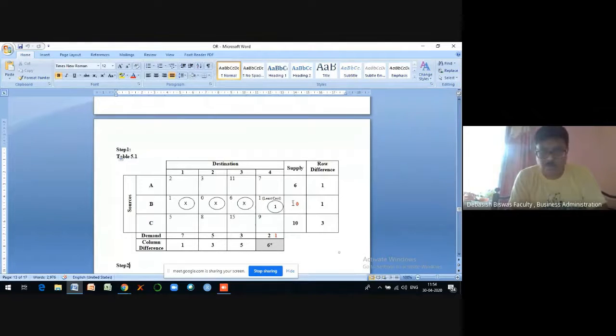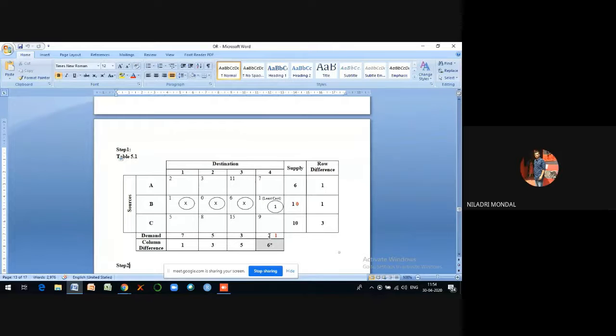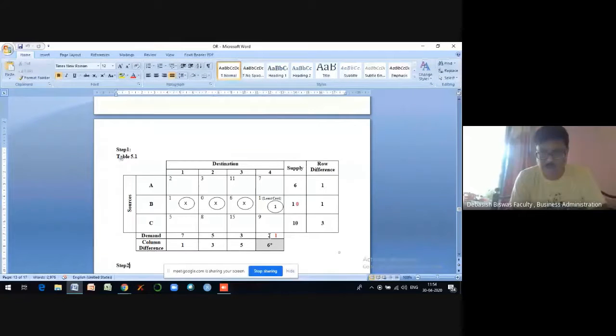So 1 is the supply and the demand is 2. So how many units can I supply? Maximum 1, because our supply is 1. So that's why 1 has been allocated to this cell.